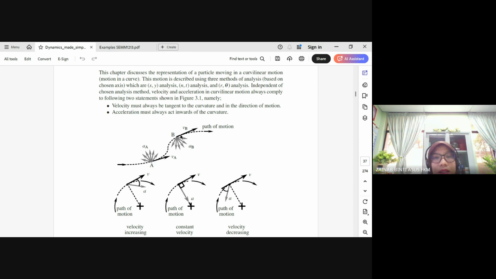And at point B also, you have the curve like this, and the acceleration is inwards of the curve. That is your acceleration, always inwards. It doesn't necessarily follow the V there, but it must be inwards.